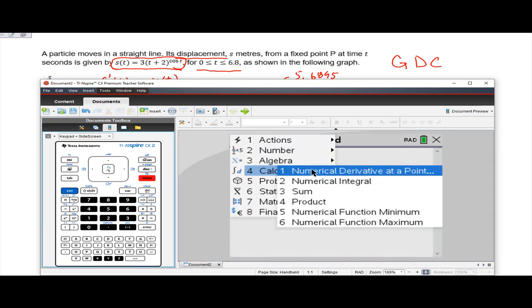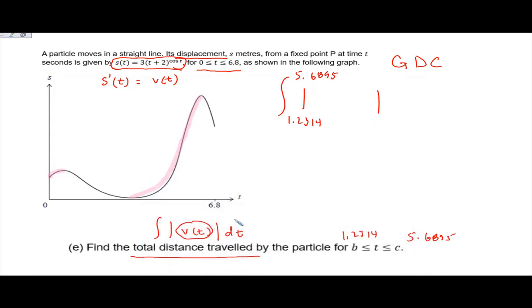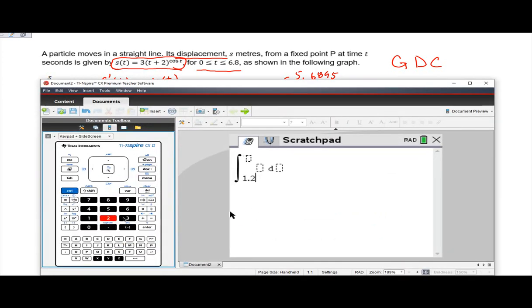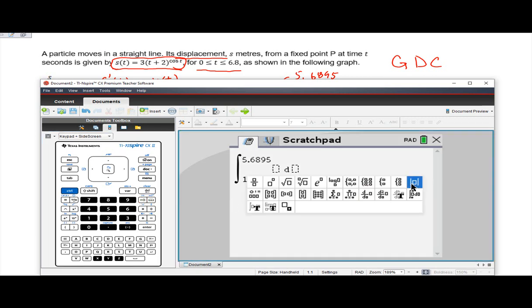We're going to integrate from 1.2314 to 5.6895. Now in here, you want the absolute value, so click the button right next to the 9. The absolute value is right here.